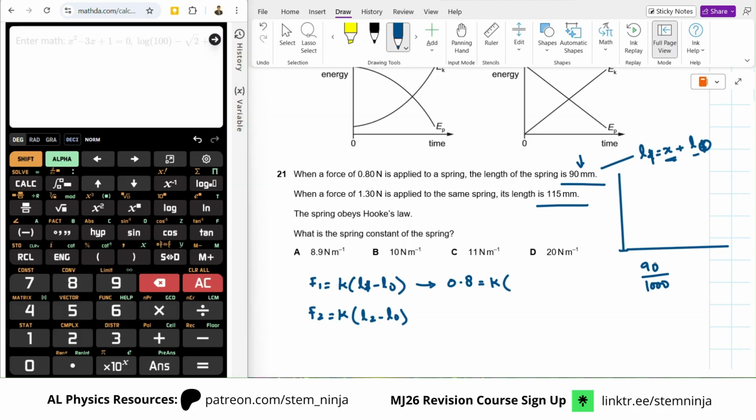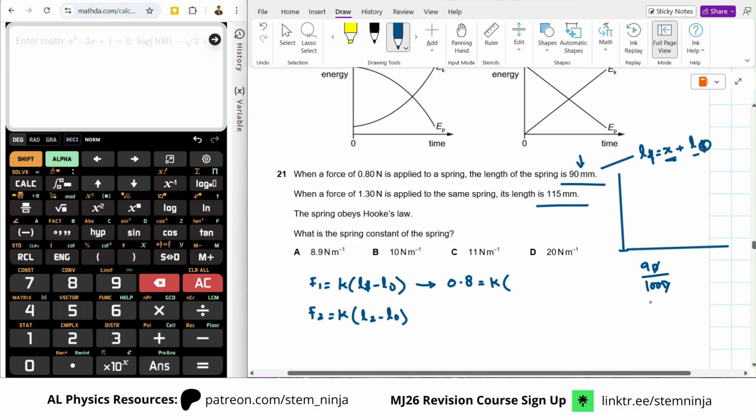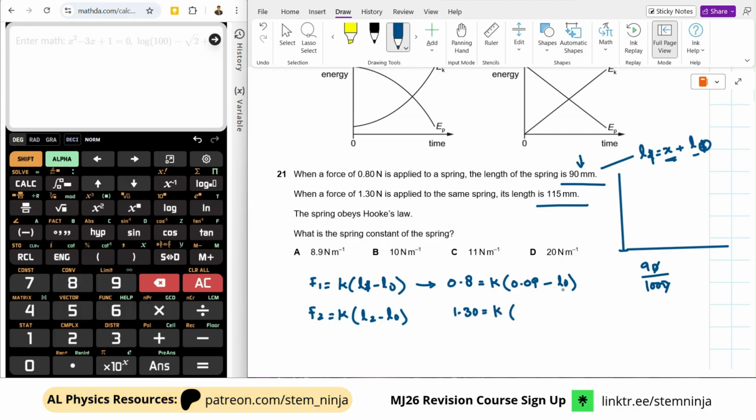So simply, basically 0.09 minus the original length. Then we have 1.30 K. This is going to be 115, so 1.15.